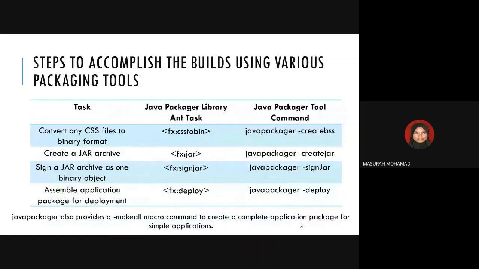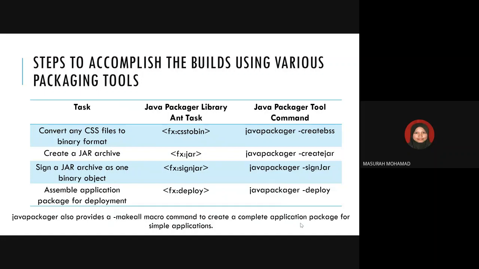All right, steps to accomplish the build using various packaging tools. Such as, you have one task, for example, convert any CSS files to binary format. So you use the Ant task, which has the Java packaging library. It will convert with FX CSS to bin, which converts the CSS file into binary format. The Java Packager 2 command that can be used is createbss, such as that.